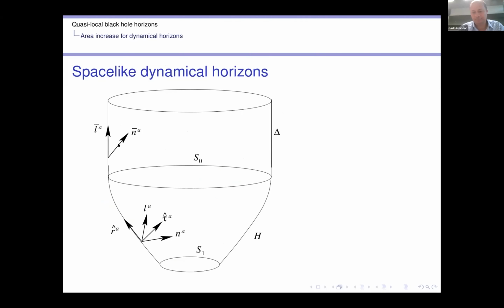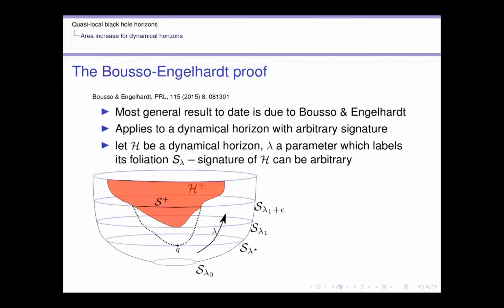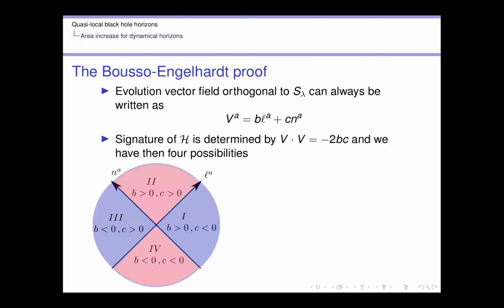And there's no change in topology here. Topology is always spherical, so that's all fine. You just have to be careful with things being null and being time-like or space-like. The only requirement that we require of these evolution vectors is that it has to be transverse to these two-dimensional cross sections. Orthogonal, in fact. Orthogonal, yeah, sure.